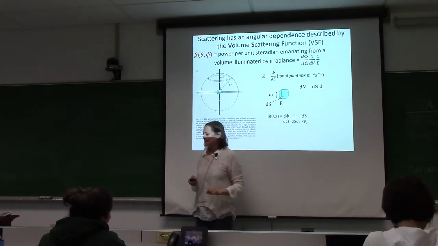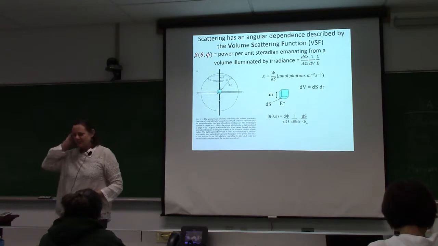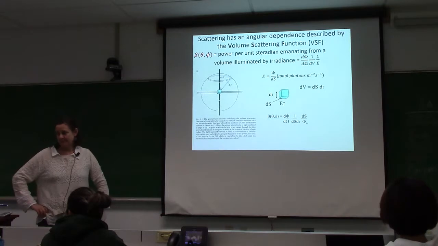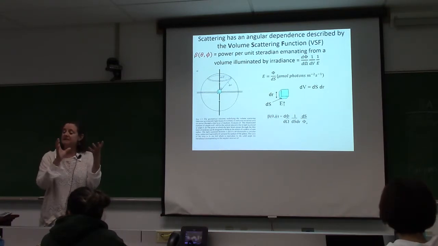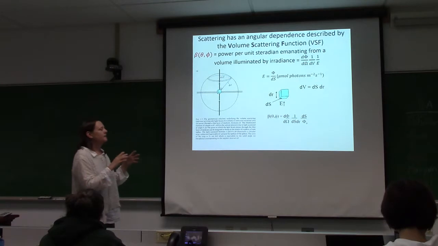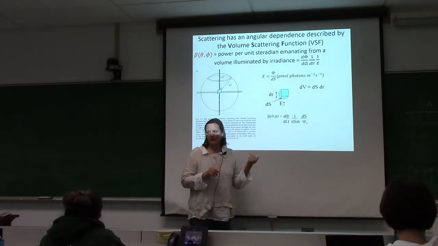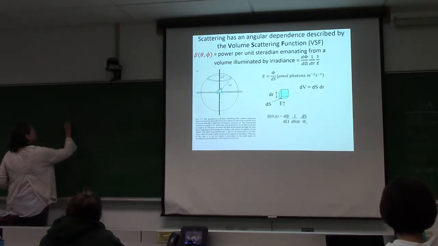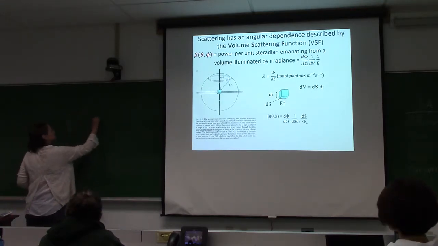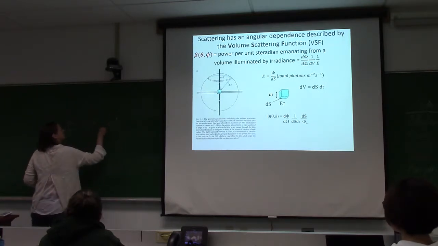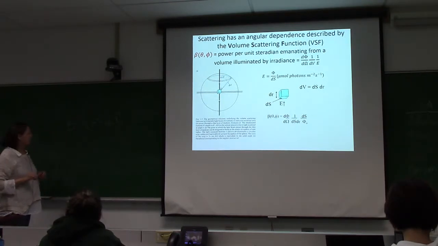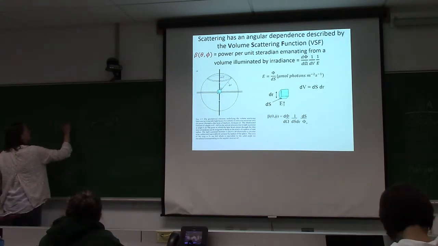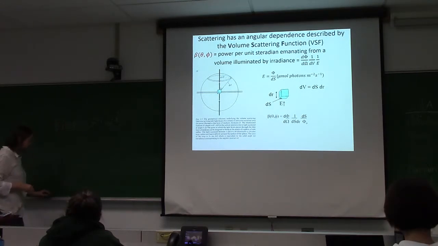So that's just the definition of the volume scattering function, and here's how all the pieces fit in. We end up with units of per steradian per meter, and that's beta. And beta is a function of theta and phi.